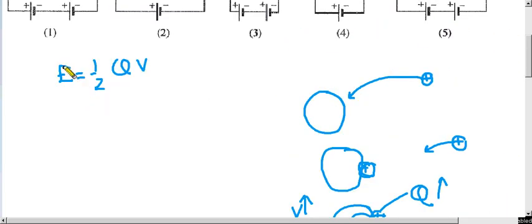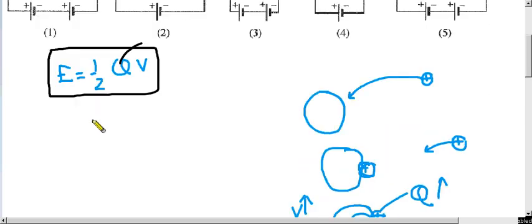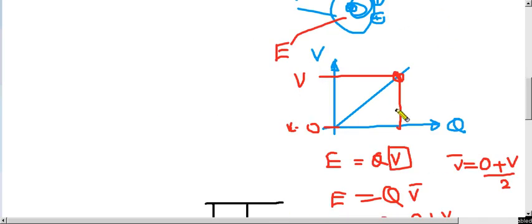But here you don't know Q. What you know is the voltage, because by counting batteries you can guess the final voltage. You also know C, because by counting capacitors you can guess the final resultant C. So we need an equation without Q. Therefore we substitute Q equals CV.